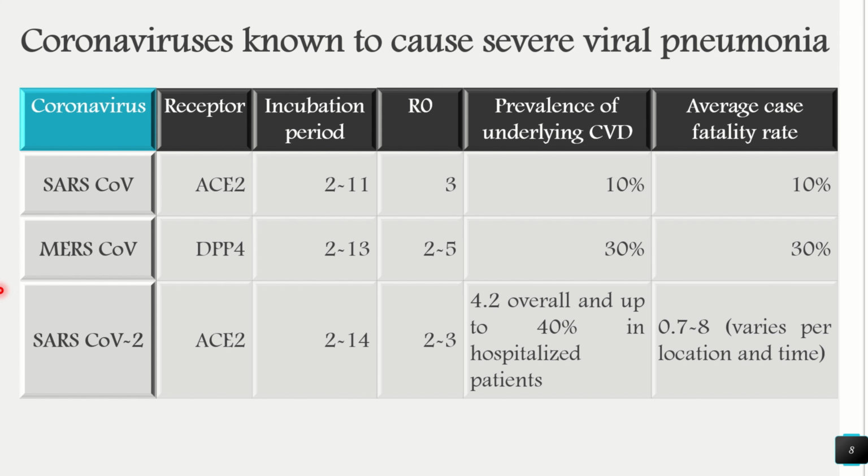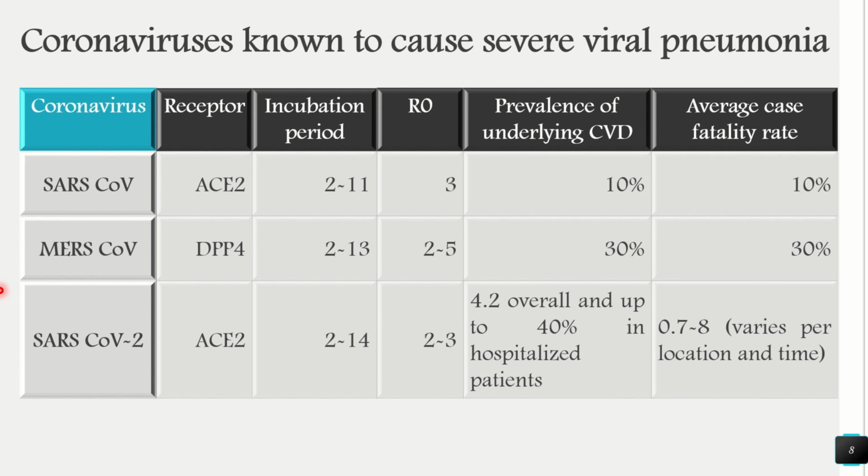Severe acute respiratory syndrome coronavirus and severe acute respiratory syndrome coronavirus 2 use angiotensin converting enzyme 2 as the receptor to enter the host cell. MERS-CoV uses a different receptor.